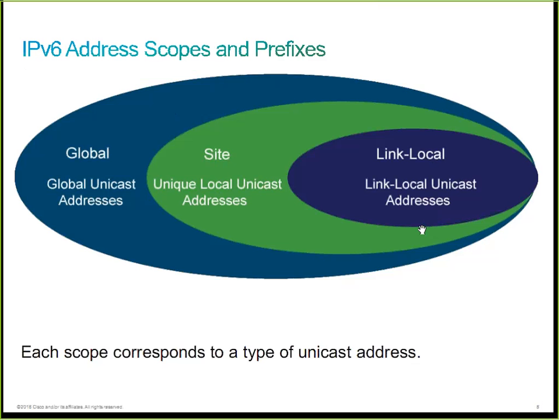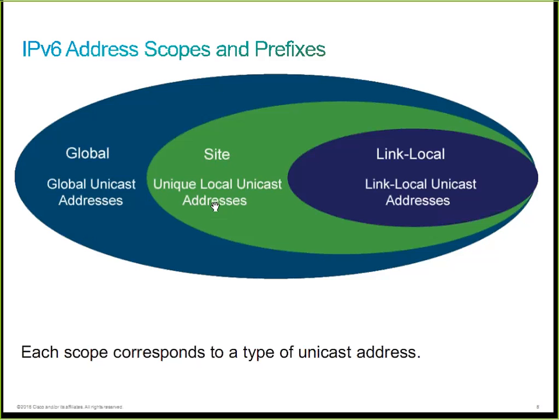Now, what does that mean? It means that global is on the internet. Across the internet, if I want to have a unique address, that's where we have the global unicast address. But based on a geographical location or a particular site, if I want to define a unique address, that's where we have the unique local unicast address.